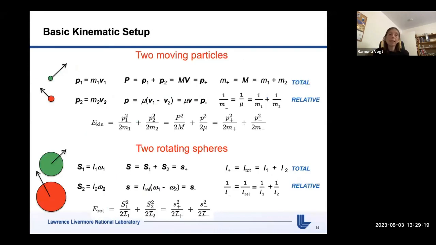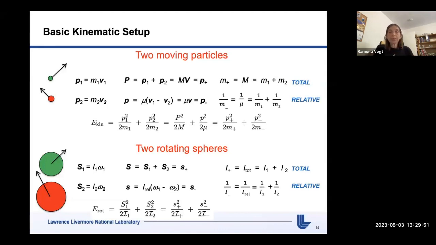So kinematically, you have two moving particles and two rotating spheres. Technically, they should be the same size because we're talking about the same thing. But when you have two moving particles, you can define a total and relative linear momentum, and you can also define a total and relative angular momentum.